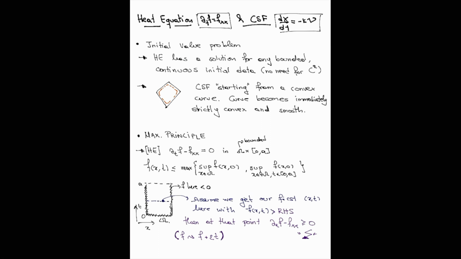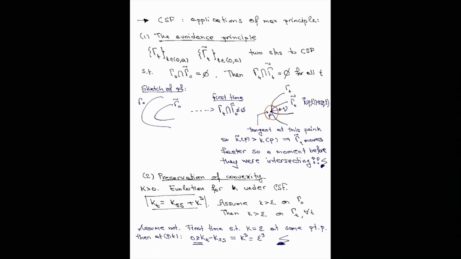Let's see how we can use this for curve shortening flow. The first application of the maximum principle to curve shortening flow is what is known as the avoidance principle. The avoidance principle says the following.